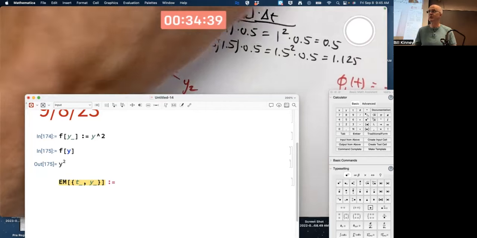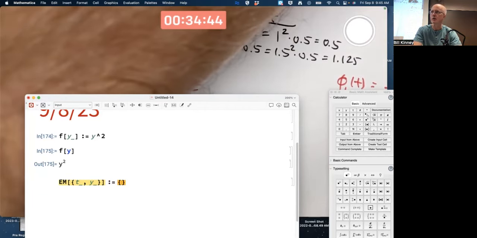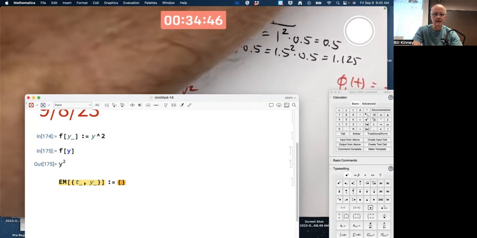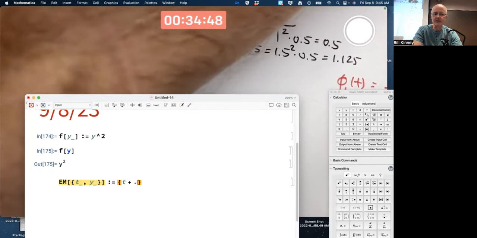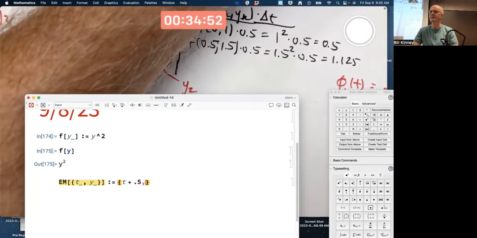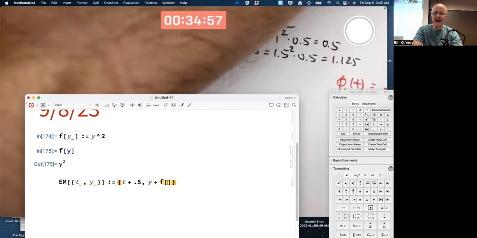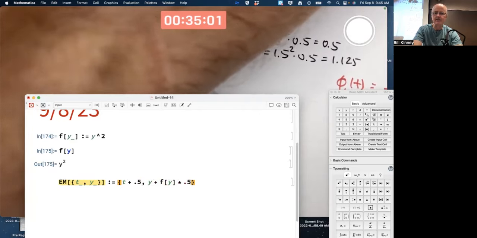If it's going to have a two-dimensional input and be iterated, I need a two-dimensional output as well. Curly braces. t plus whatever delta t is for the first coordinate of the output. Delta t is 0.5. And y plus the f function times delta t for the second coordinate.